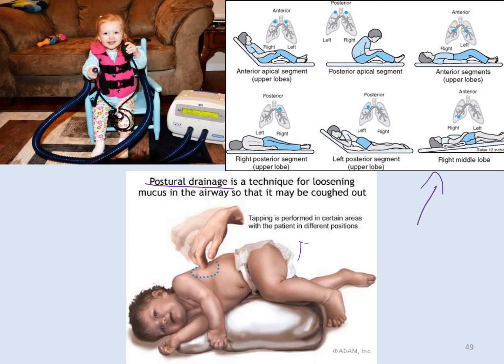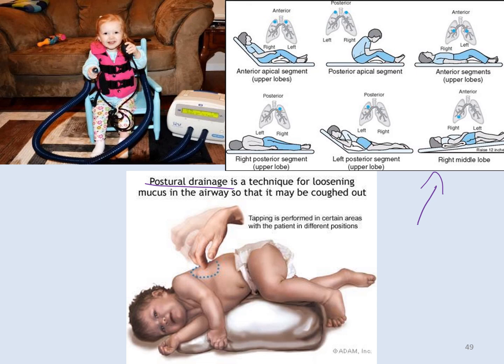And then with a cupped hand, you tap on the chest gently to loosen the mucus in the lung. And then you give your patient a little shake that shakes the mucus loose, and then they cough it up, and then you continue. This is kind of time consuming, and obviously it takes another person to do.